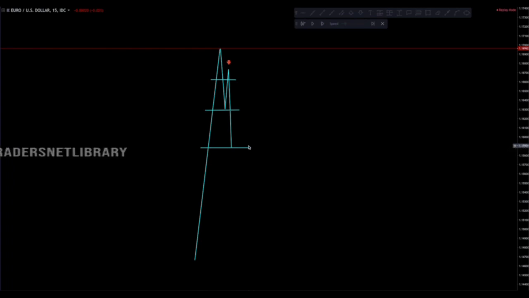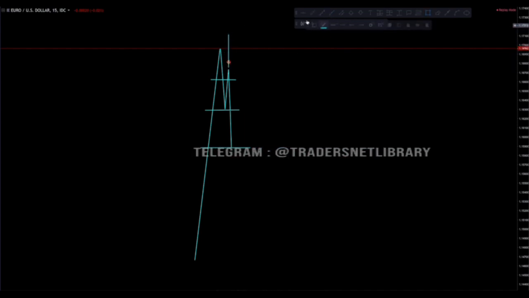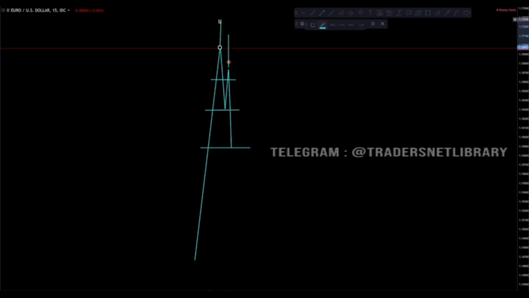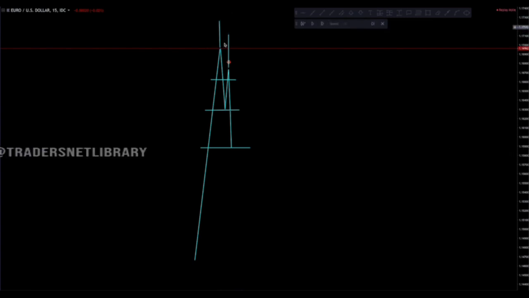smaller candle shapes and wicks. You gotta have wicks, okay? So if this has massive wicks like this, and the wicks aren't as high on the second, the right shoulder, it means it's a bearish pattern and it will drop.